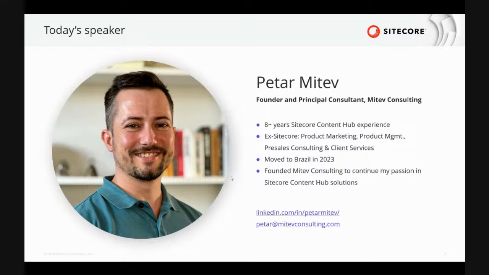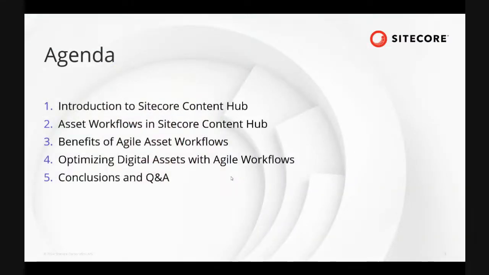So let's get started on our topic of today. What I wanted to do is give you a quick overview of Sitecore Content Hub for the ones that have not heard much about it. Then I'm going to dive into defining what asset workflows are in Sitecore Content Hub and the different types of workflows we can achieve.